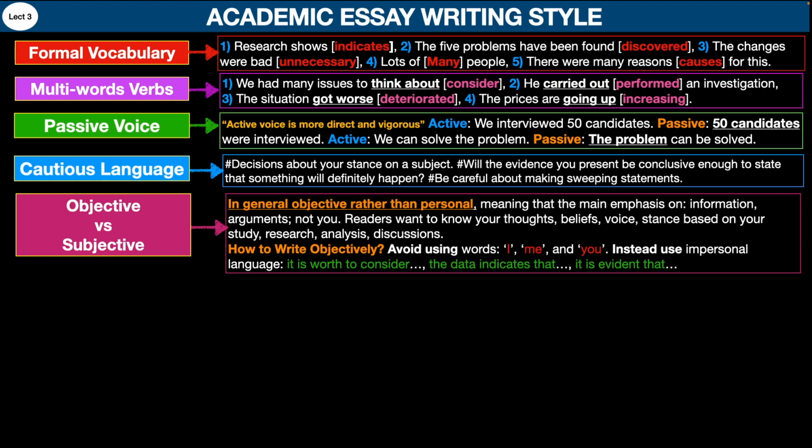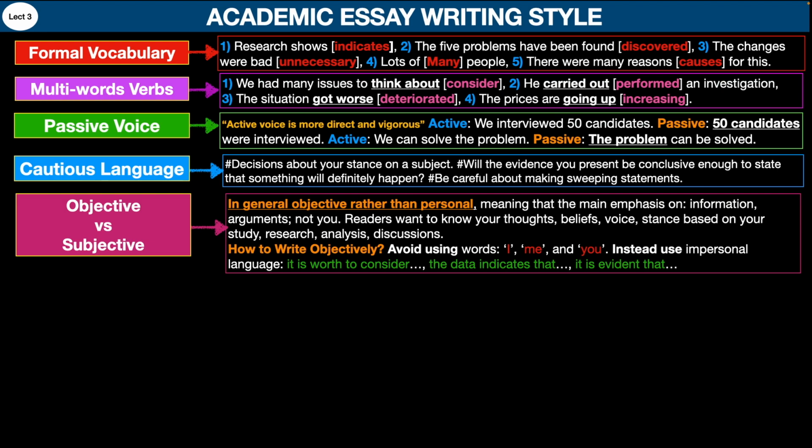Instead of including all the subjective words, use impersonal language, such as it is worth to consider, then write your argument or what you want to state. The data indicates, when you explain the data. Don't say I think this data or I claim this. So it is evident that, this kind of phrases you can use for making your writing more objective.